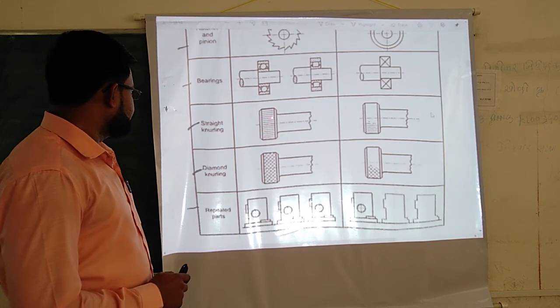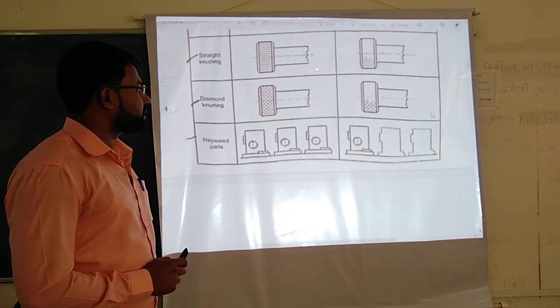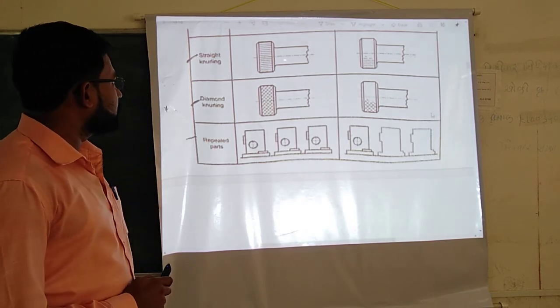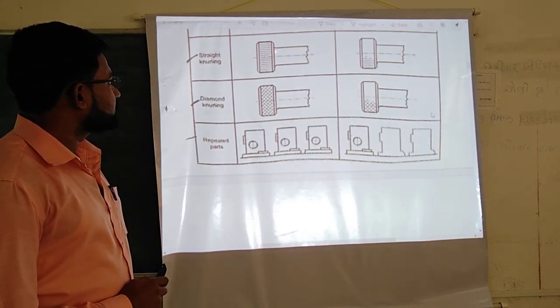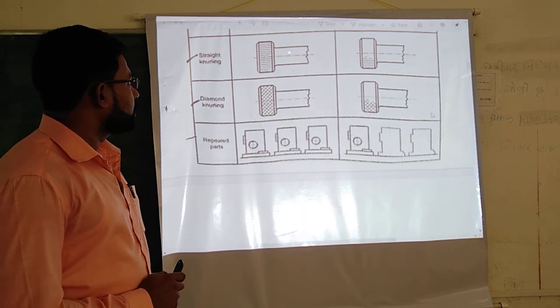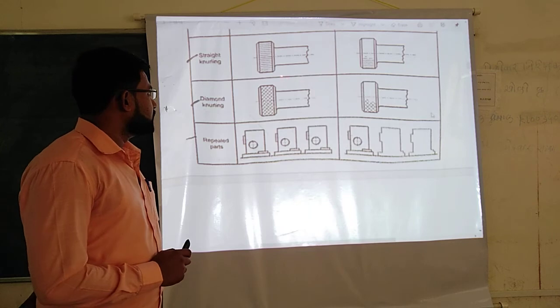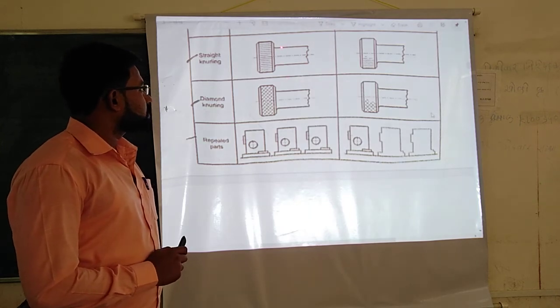So next is the knurling operation. Knurling operation is mostly given on some circular sections. If you want to apply physical force, means you have to rotate some features or knobs.